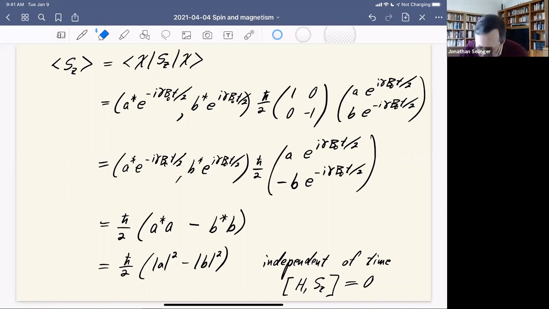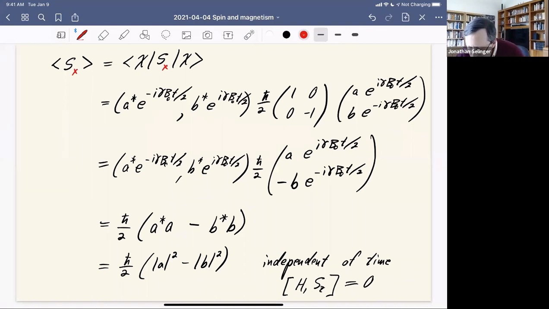If I change the SZ to an SX, what if I want to know this expectation value as a function of time? So this is SX.